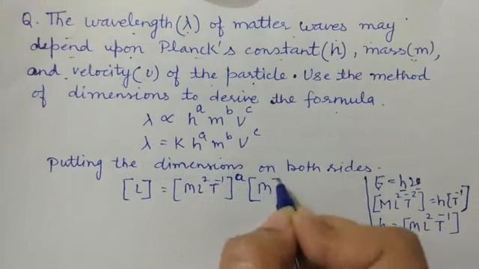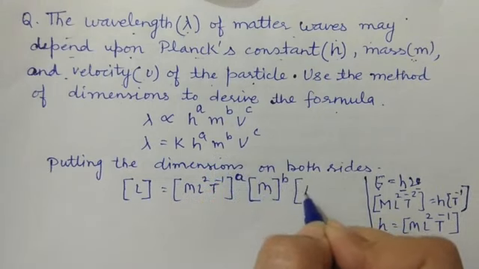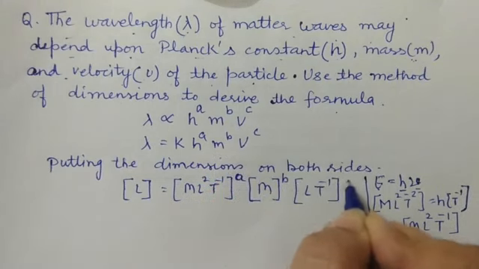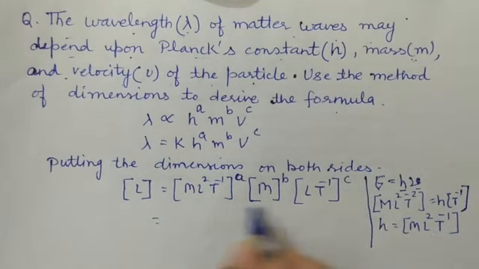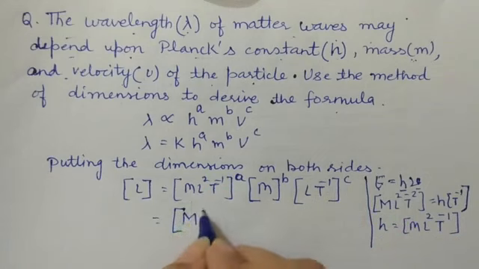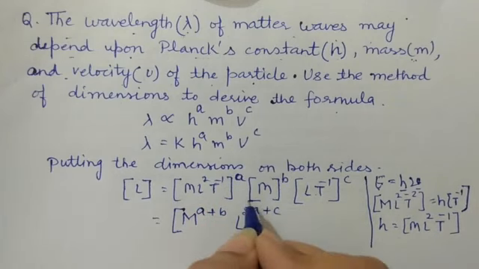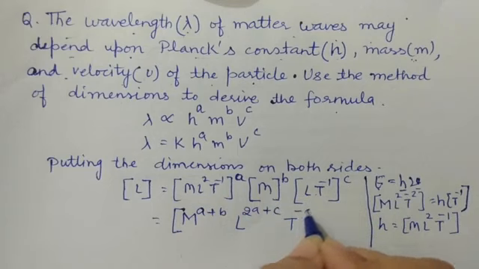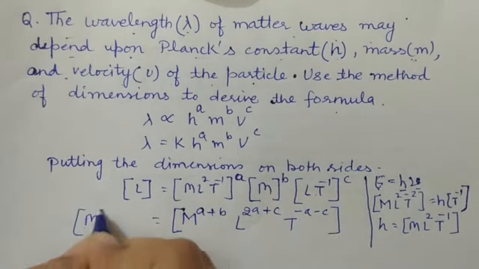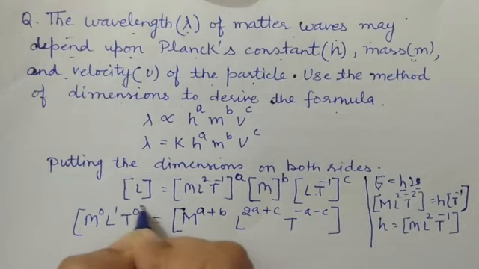So we'll place here ml2 t minus 1 raised to the power a. M is mass, m raised to the power b. Velocity lt minus 1 raised to the power c. Combine these powers: m a plus b, then l 2a plus c, t is minus a minus c, and here it is m0 l1 t0.